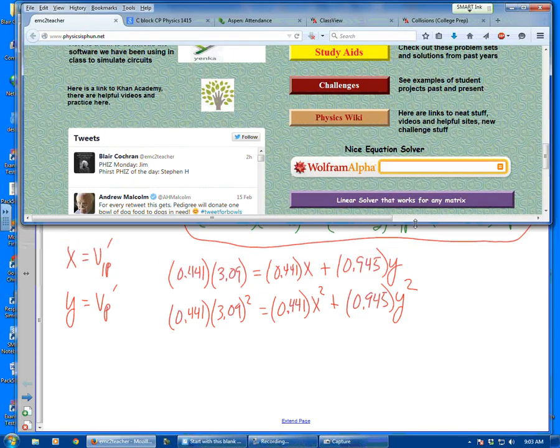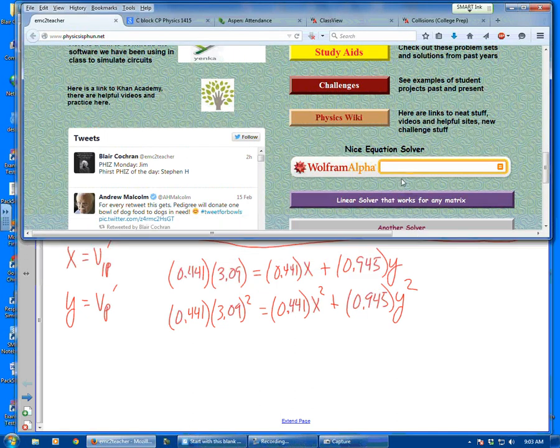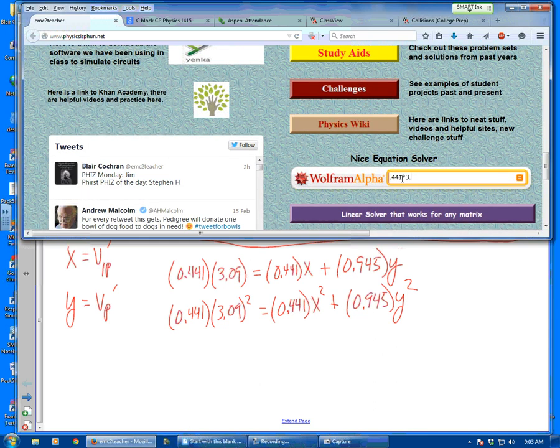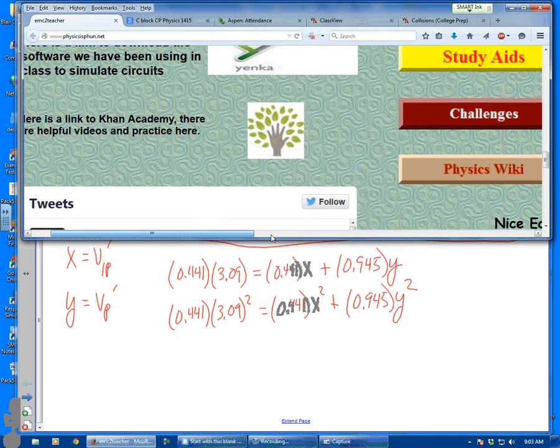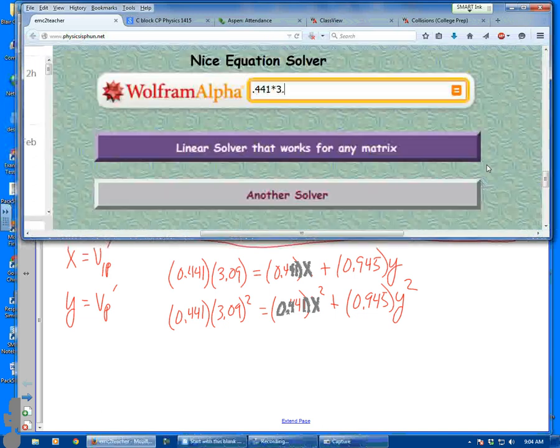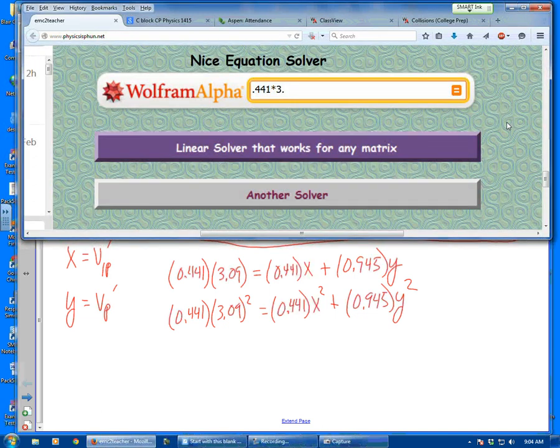And let's see, I'm going to pull up my curtain so I can see. Here we go. So I'm putting in 0.441 times 3.09 equals 0.441 times x plus 0.945 times y.